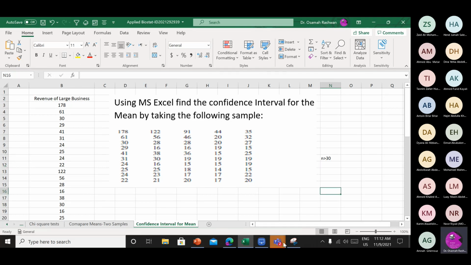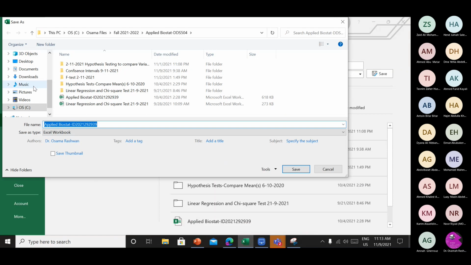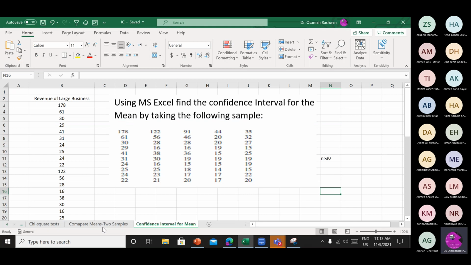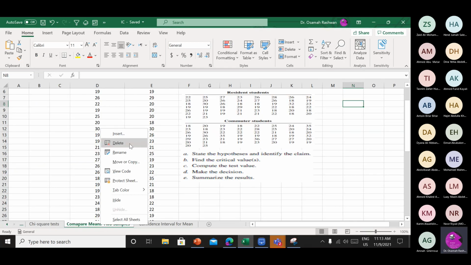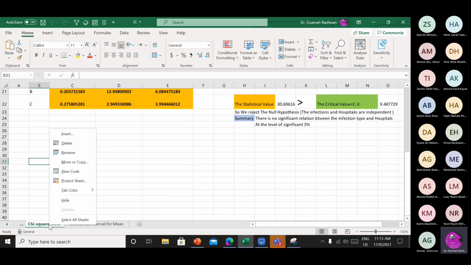So I will upload this file to you, right? And please add this one to your confidence interval. And I will delete this one.